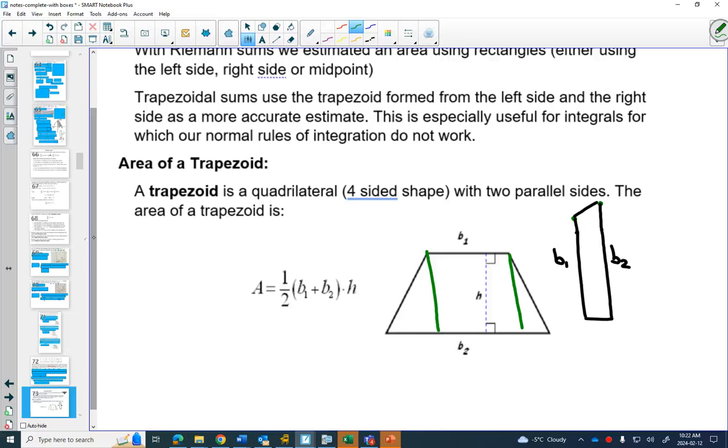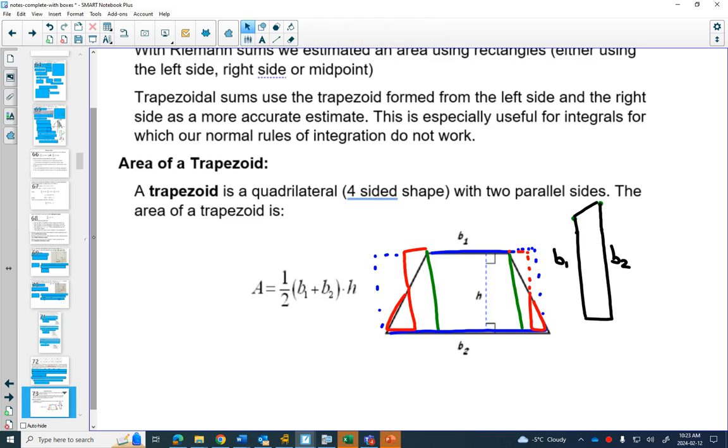And if you took the average of B1 and B2, so this length here and this length here, if you averaged it out, you could change half of this side. Can you see that if I took half of this part and flipped it up and put it over here, it would make a full rectangle, and half of this one flipped up and put over there.